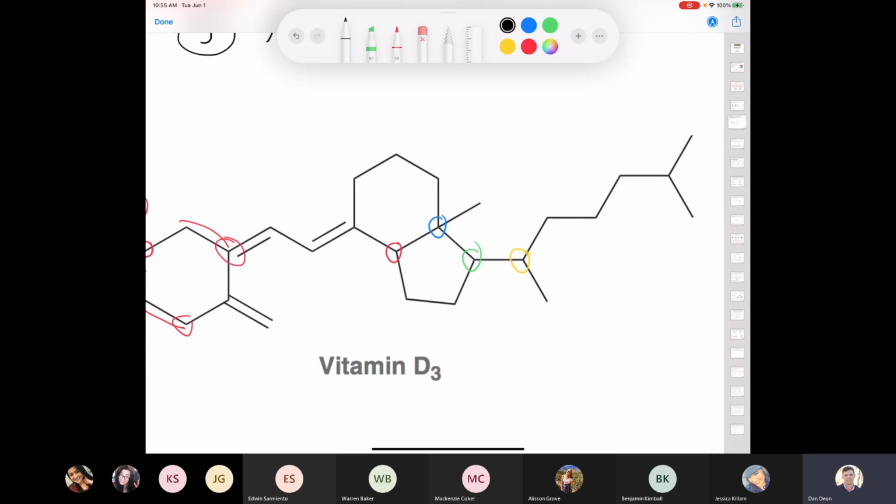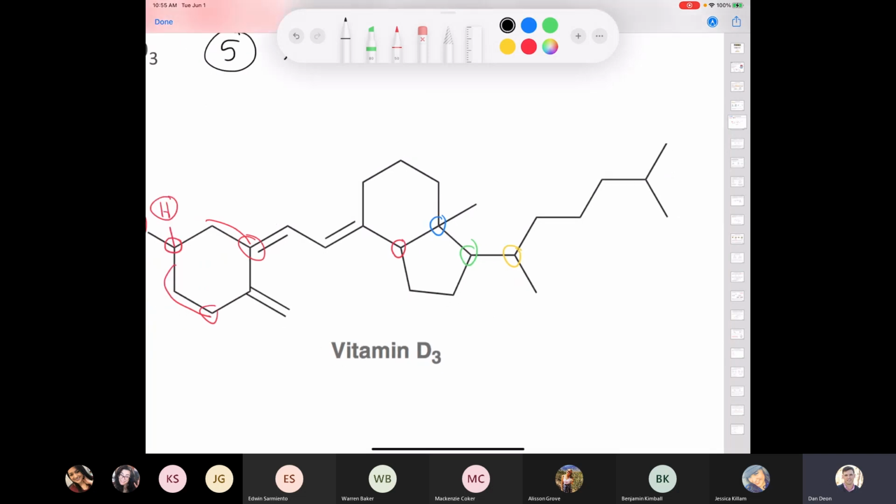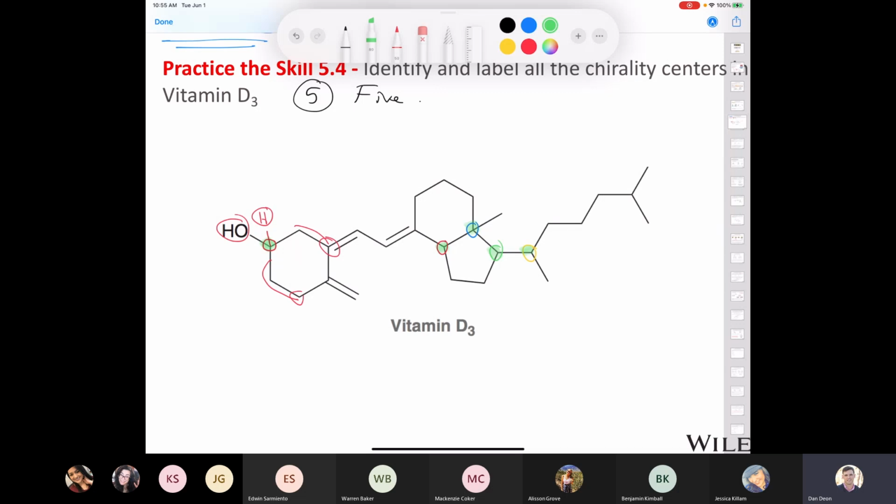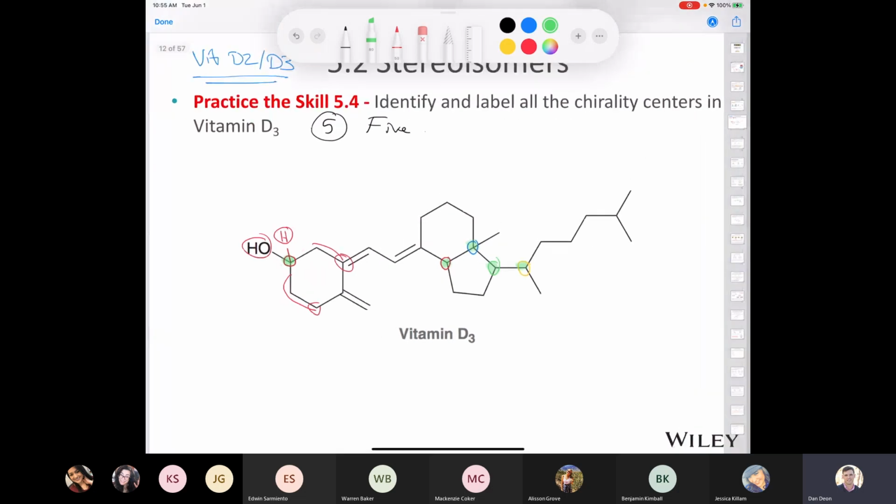If you can't, just bring it back up to me during the next lecture and we'll take a look at them. But those are the only chiral centers. Maybe I should highlight them all. So this one, this one, this one, this one, and this one in my vitamin D3 molecule. There we go.